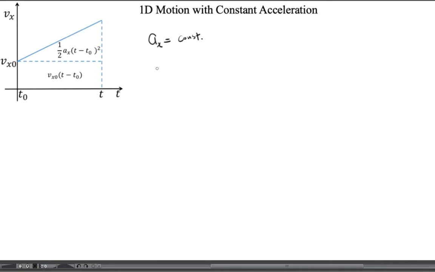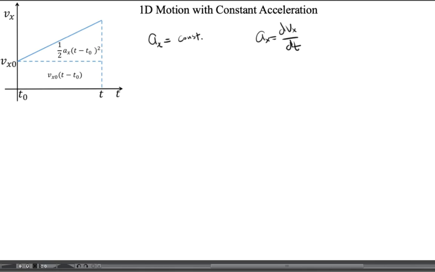And according to definition, ax is dvx dt. And since ax is a known quantity, let's think about how to solve this differential equation for vx.